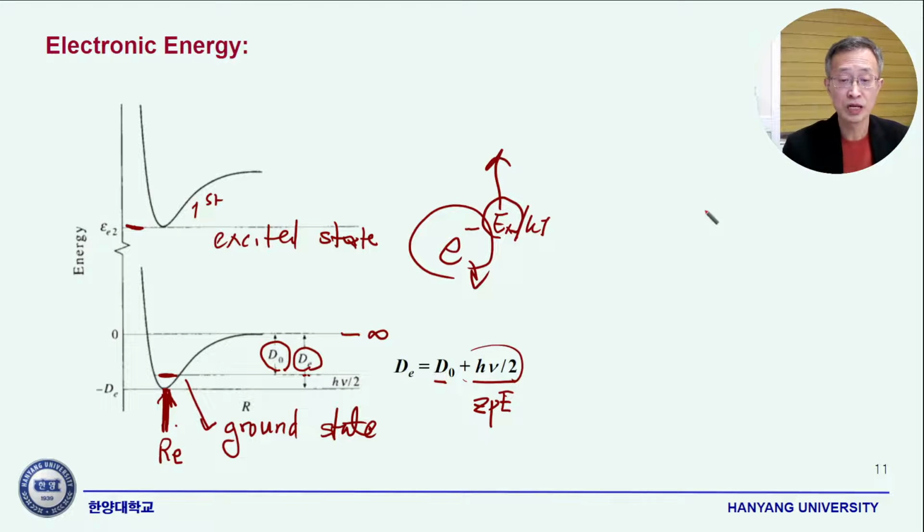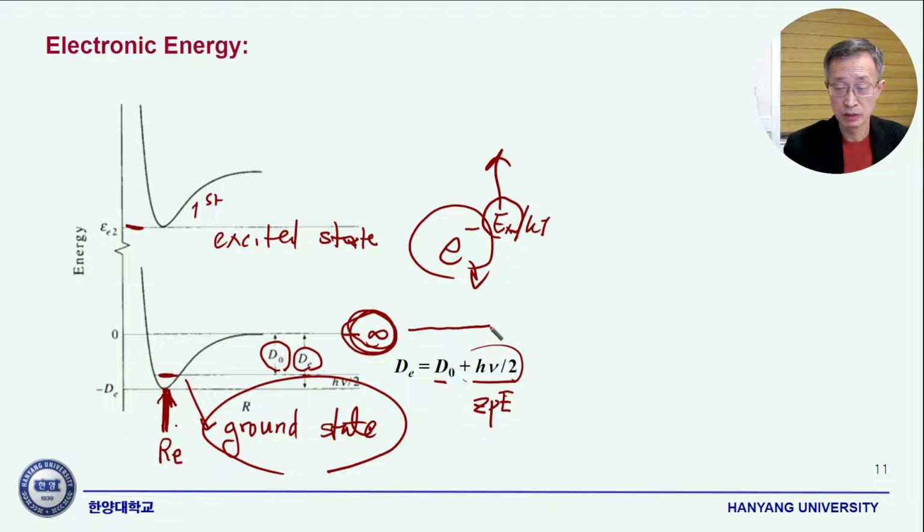We only count the ground state energy, where the reference level is maybe 0 here, and then probably we need to count D_e here. That's the only one.